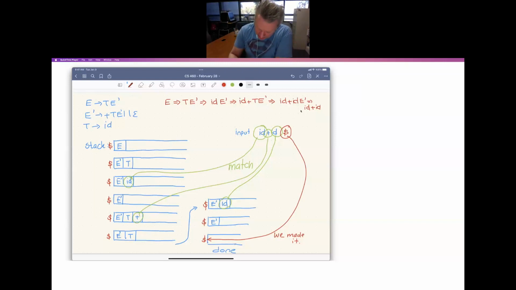So for example, if I asked you, look at this grammar, and let's actually just write down here what sigma is, because it's plus, ID, and end of file. What if I asked you, if I have an E on the top of the stack, that means I'm trying to parse an E. So that means I've got to pick one of its right-hand sides. What should I do if I see a plus?